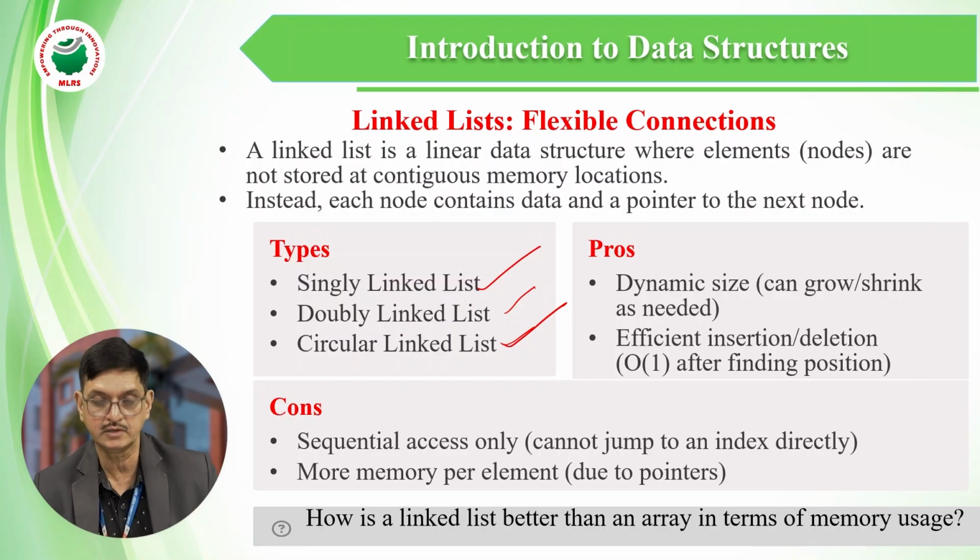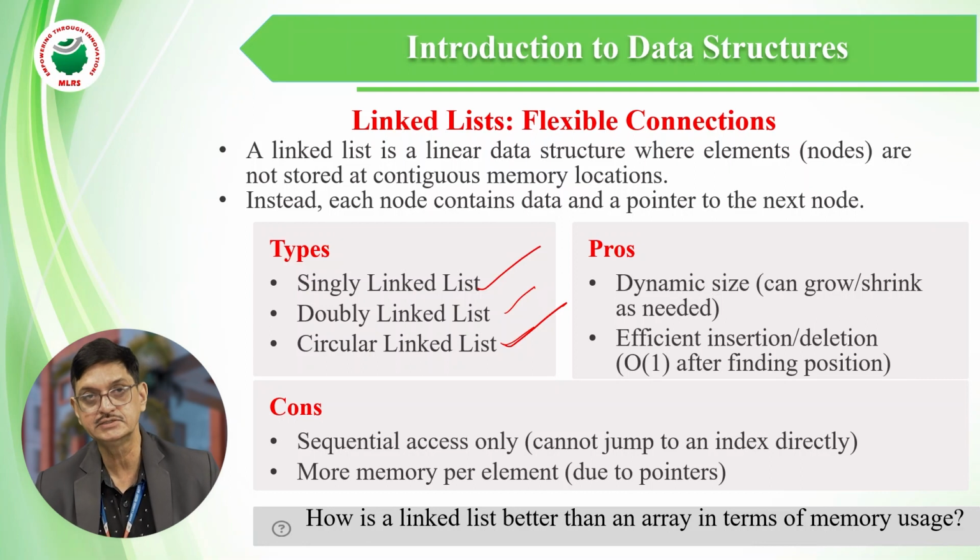That is the reason we call the array compile time memory allocation, whereas the linked list is dynamic memory allocation. Using dynamic memory allocation, we can get a grip on the memory, on whatever data we are storing and accessing, right?